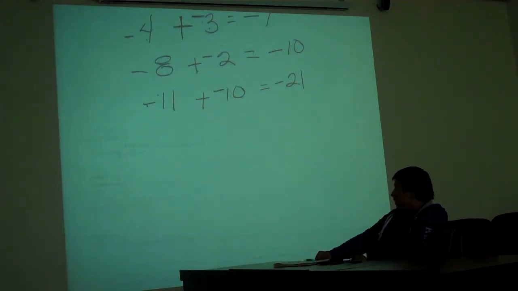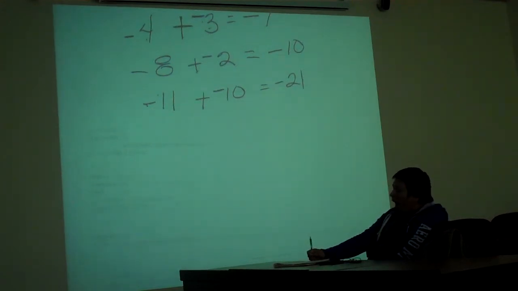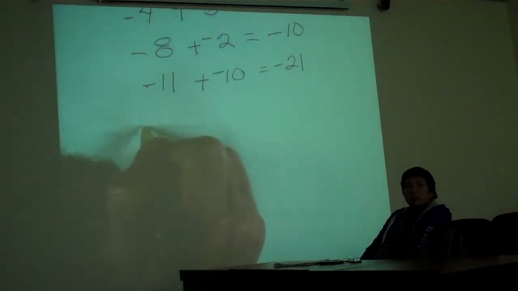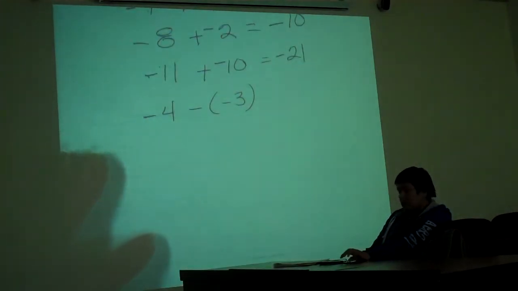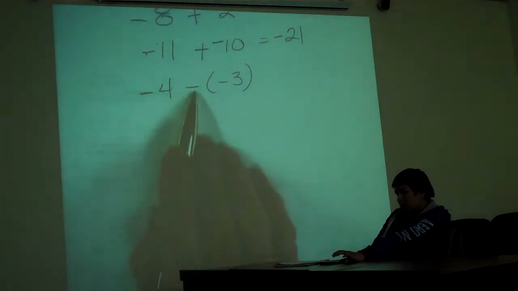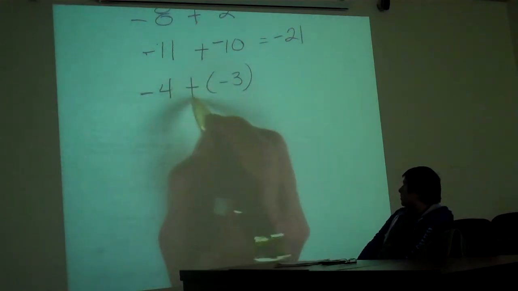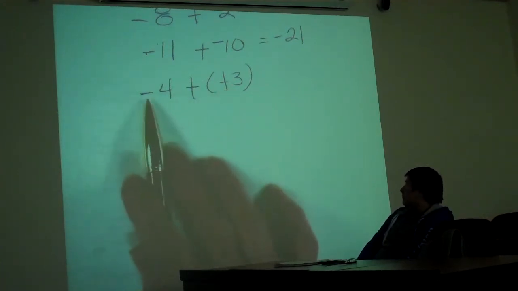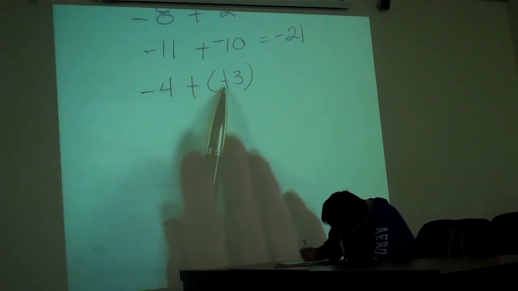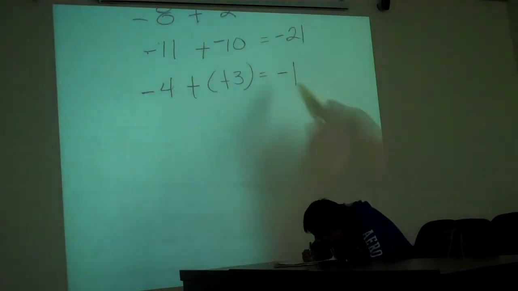Now let's do a row of them where there's a few together. Oh, let's do subtracting a negative first before we do a long string of them. How about if we have negative 4 minus a negative 3? Okay, subtracting, we're changing that and changing the sign behind it, right? So it's changing to adding a positive. So now we have a negative and a positive. Sign of the larger and subtract them. 4 minus 3 is 1.